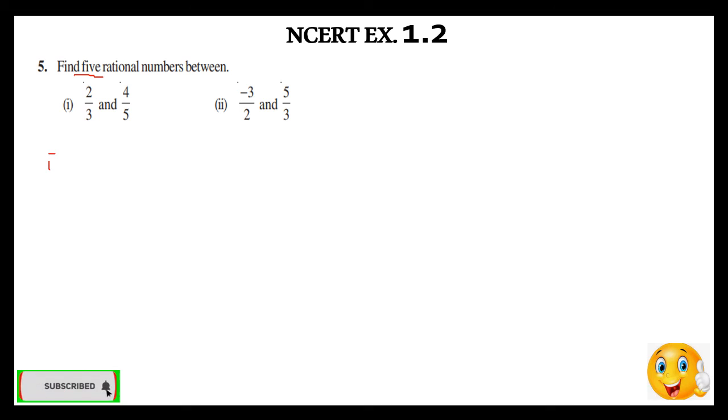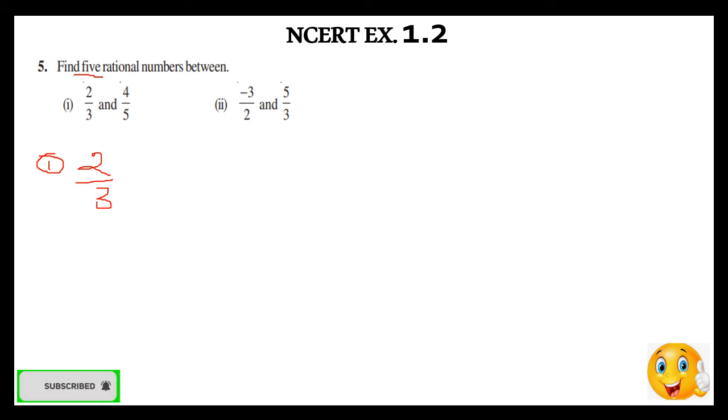So again the concept of equivalent rational numbers, we will find 2 by 3 and 4 by 5. So here the LCM of 3 and 5 we have 15.